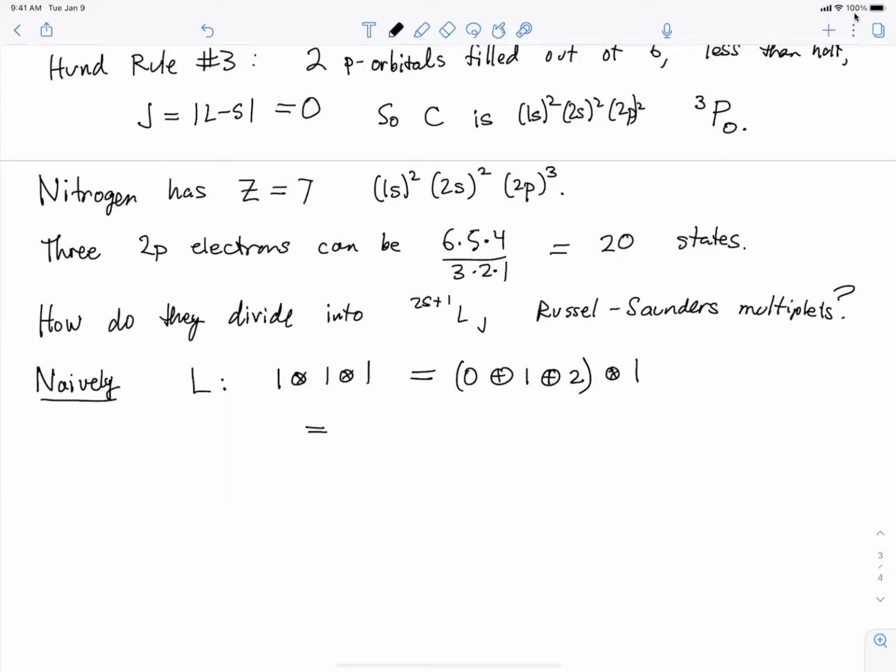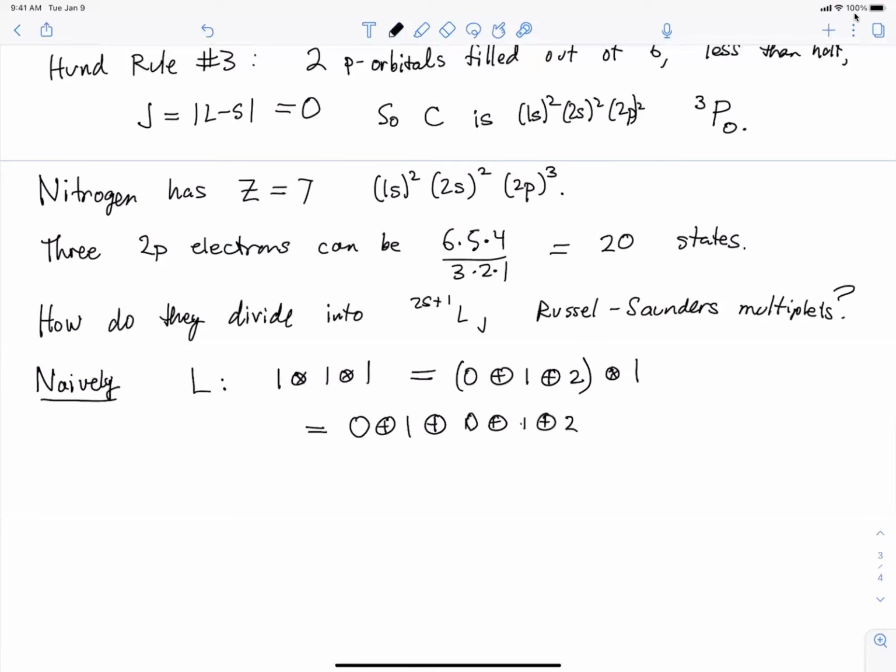And the thing we're going to get out is 0 tensor product 1 is 0 plus 1. And then we do the 1 tensor product the 1, and we get 0 plus 1, oops, plus 2.